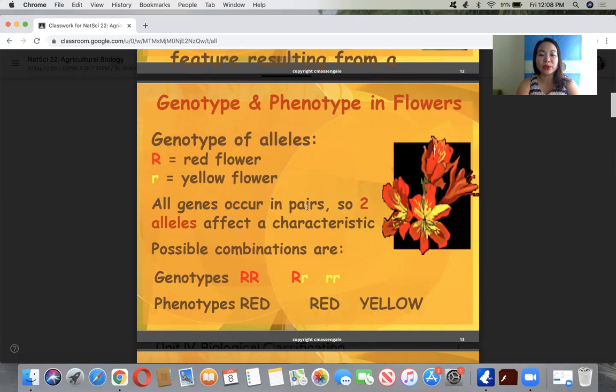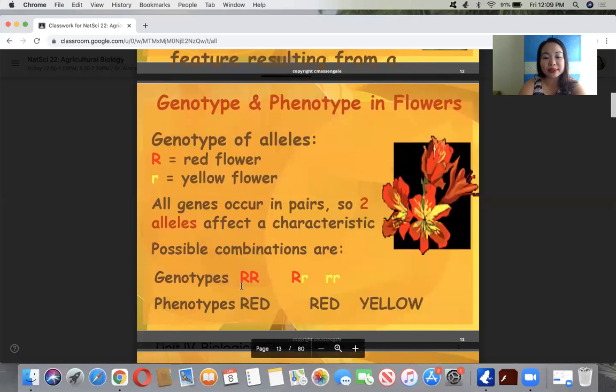All genes occur in pairs, so the 2 alleles affect a characteristic. The possible genotype combinations are double capital R, one capital R and one small r, or double small r.